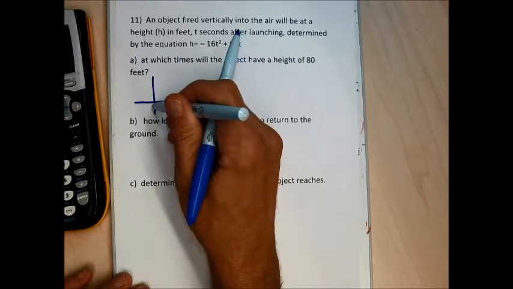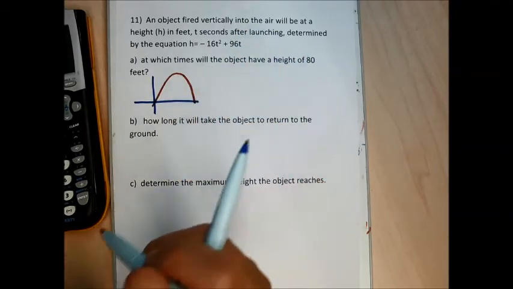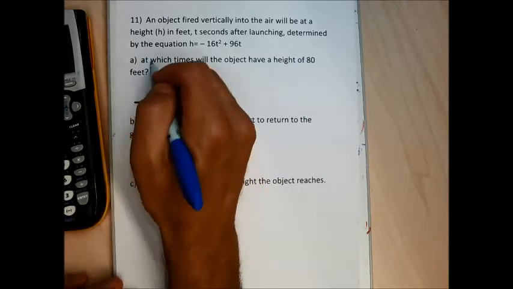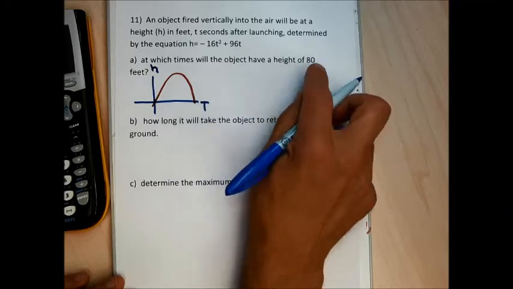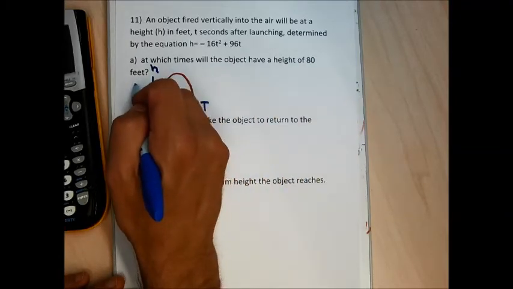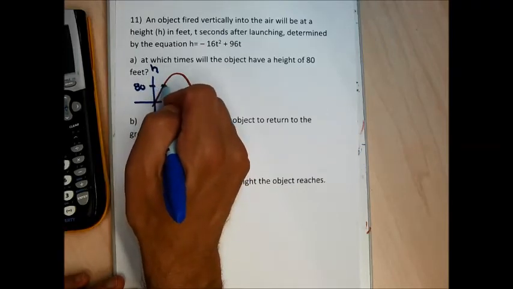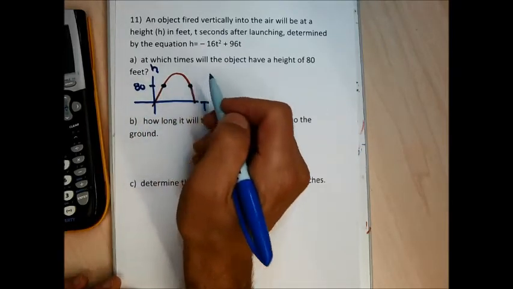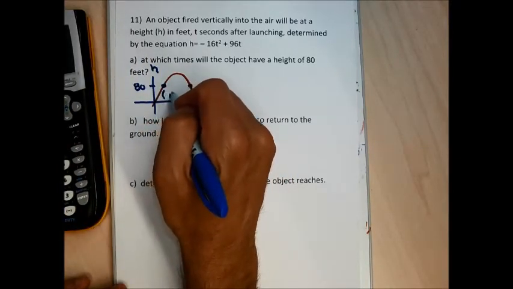The object goes up and it comes back down, and the y-axis are the heights, the x-axis are the times. I'm supposed to find when the height is 80 feet. To do that, I'll mark out 80 on the y-axis for the height and go across to the graph. There's probably going to be 2 points on the graph that have a y-coordinate of 80.